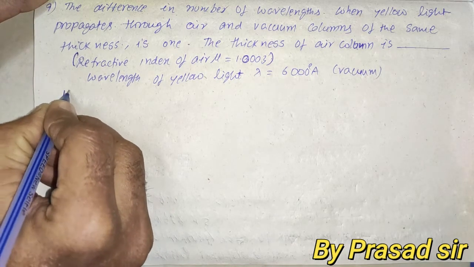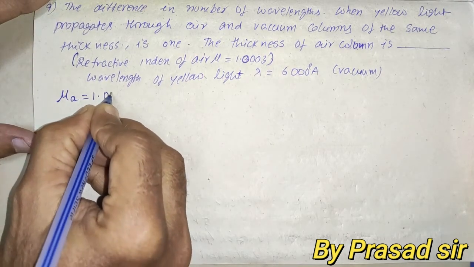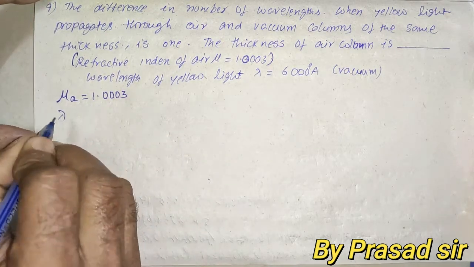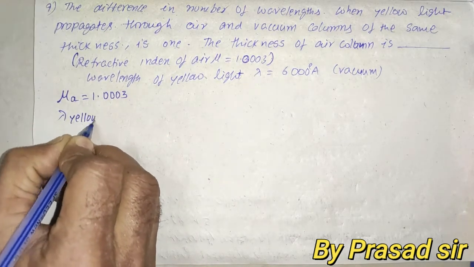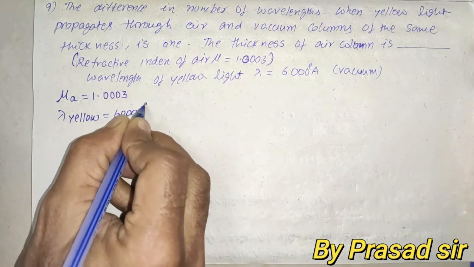So here refractive index of air is equal to 1.0003, then afterwards wavelength of yellow light is equal to 6000 angstrom units.